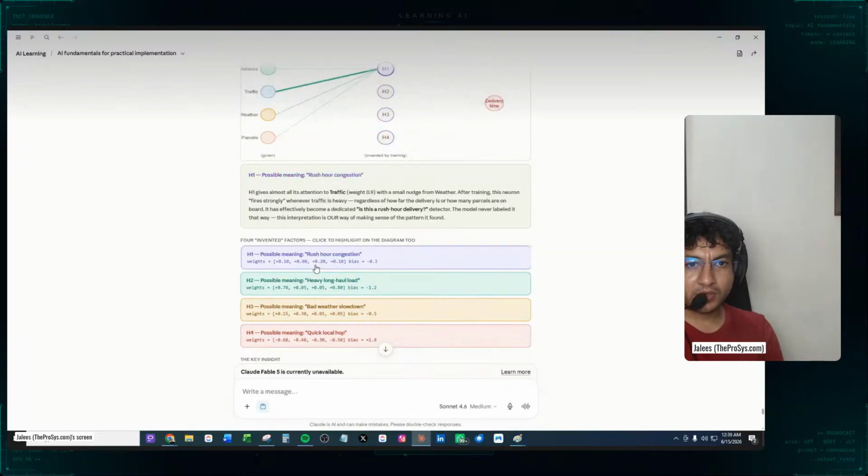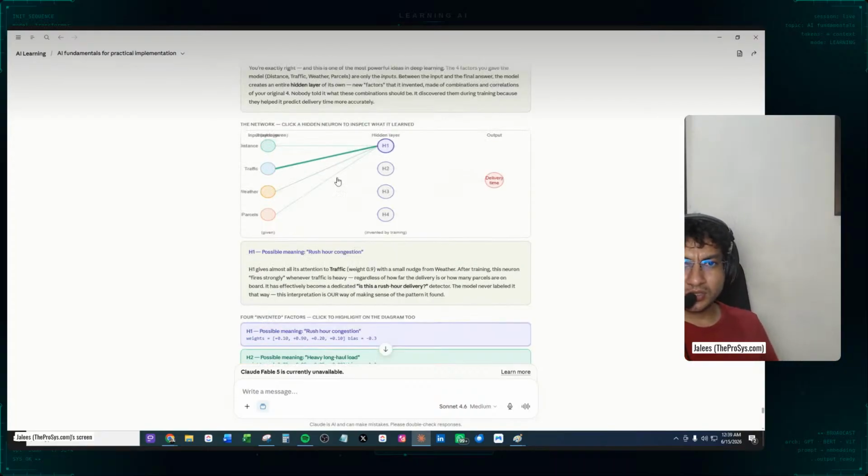Possible meaning: rush or congestion. Each neuron just gets the context. This one puts almost all its attention on traffic, 0.9, with a small nudge from weather.